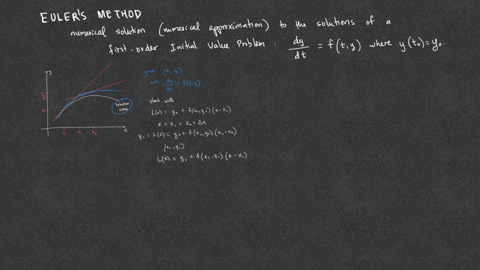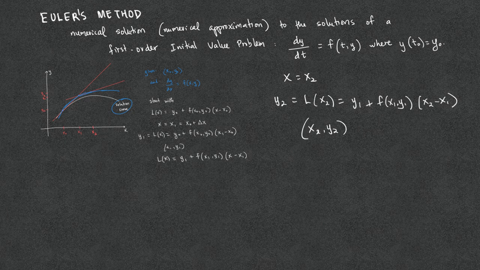We then use another x value, x2, and plug it into the equation that we just found to approximate y2. Remember, x2 minus x1 is the delta x. Then we use the new point (x2, y2), along with the differential equation, to find another line to approximate the curve. Now, we see there is a pattern here.